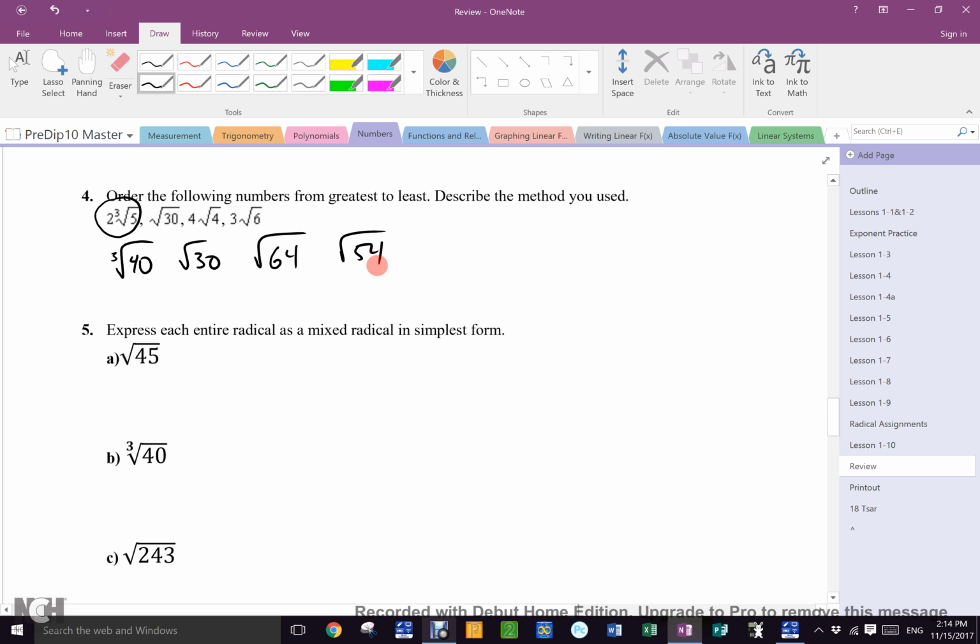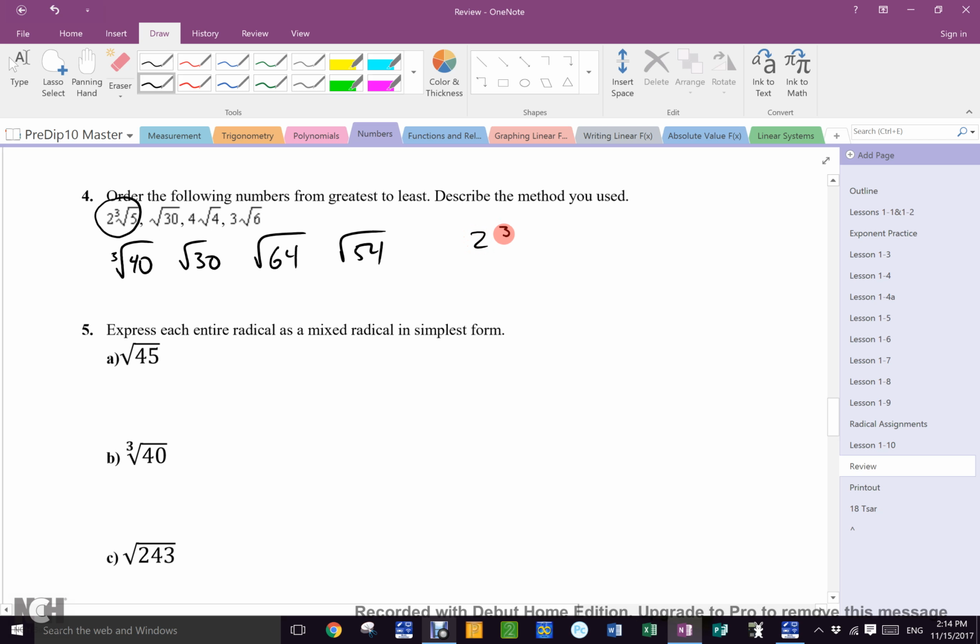Then you put them in order. Cube root of 40 is obviously slightly more than 3, but less than 4, right? Yeah. So you had to know that in your head. You know that's 5 something, you know that's 8, and you know that's between. So this is the smallest.